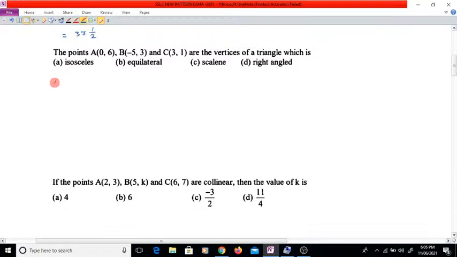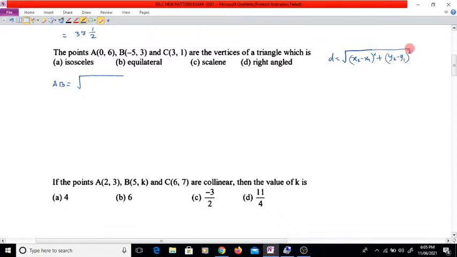So AB, distance between A and B, is equal to square root of... so what is the formula to find the distance between any two points? D is equal to square root of (x2 minus x1) whole square plus (y2 minus y1) whole square.